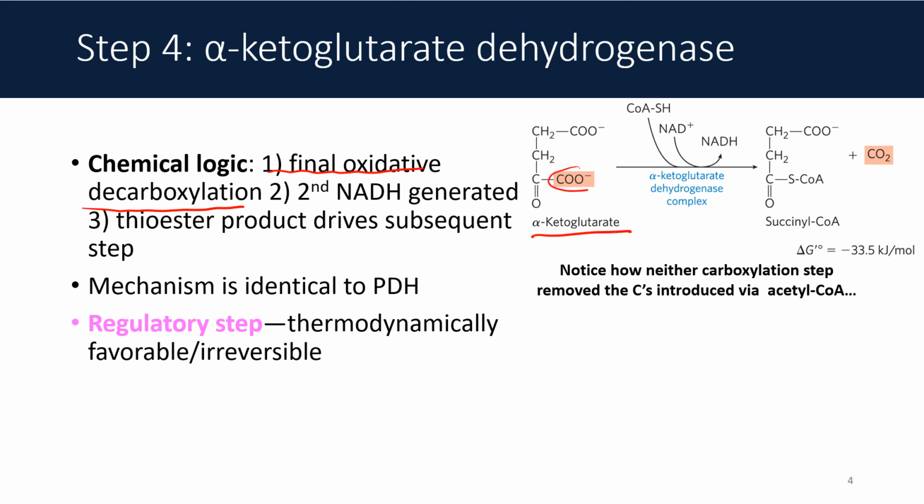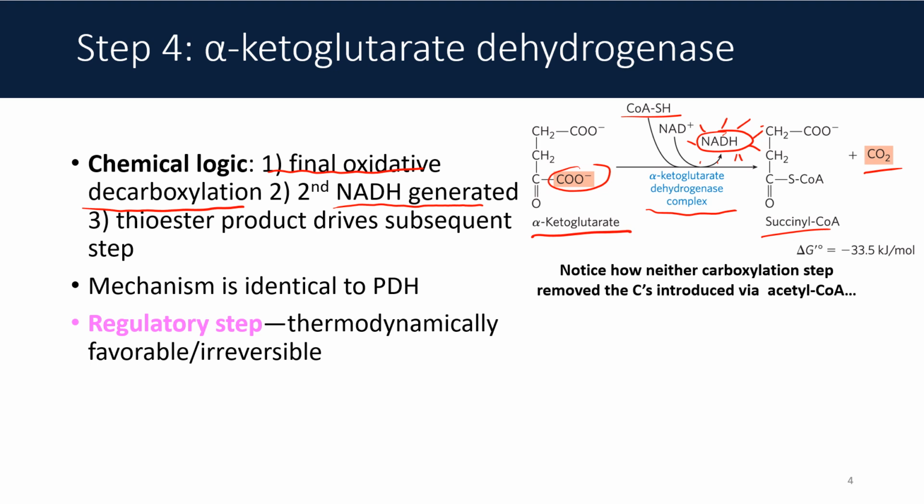This carboxyl group circled in red is going to be removed by this very complicated enzyme, and it will be replaced with coenzyme A, yielding succinyl-CoA plus 1 equivalent of CO2. While we do this decarboxylation, we will also be generating our second NADH equivalent, which we can see over here. So we're removing a carbon dioxide and getting a little bit of money in the bank at the same time.